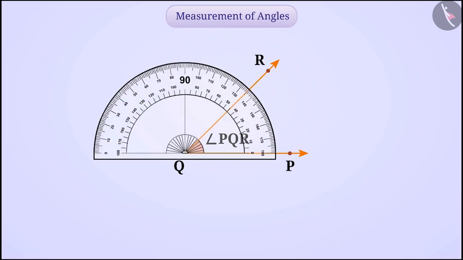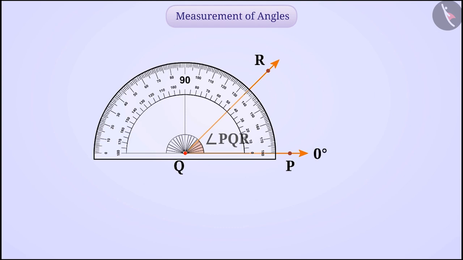To start with, we place the protractor in such a way that the midpoint of its straight side comes on top of vertex Q. We will adjust the protractor in such a way that the line shown on the straight line completely covers any one side of the angle. Here, we place it on the side PQ. Side PQ represents 0 angle.